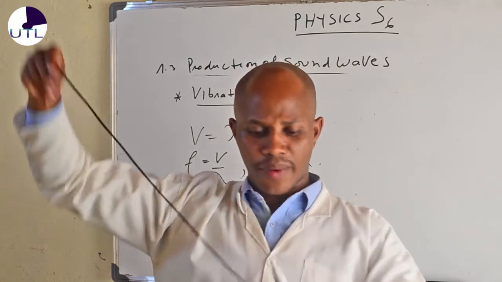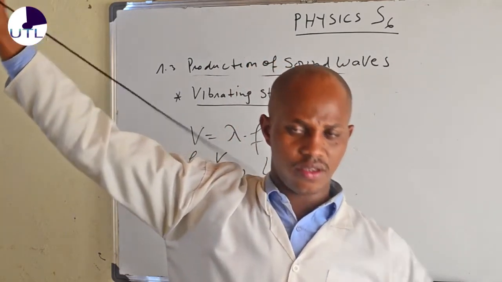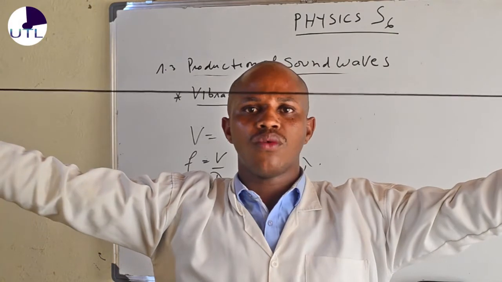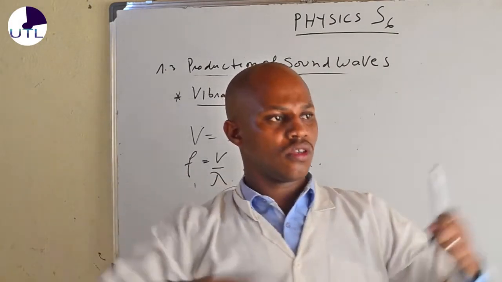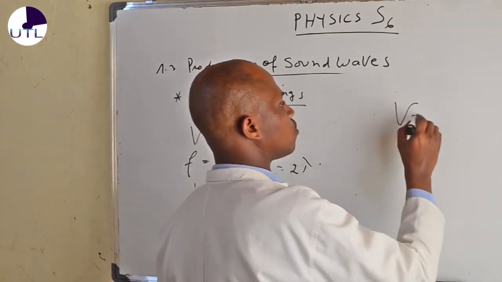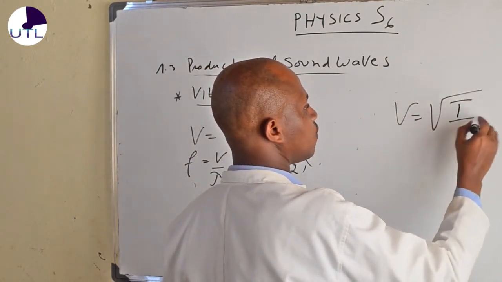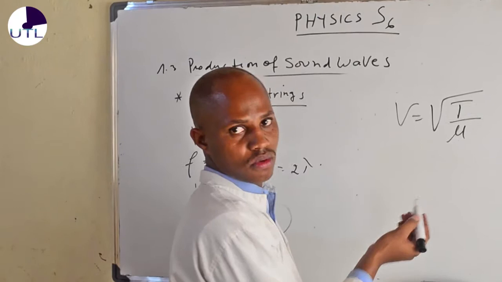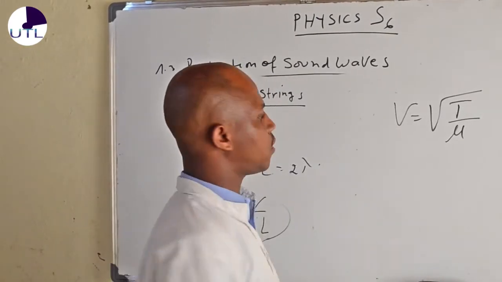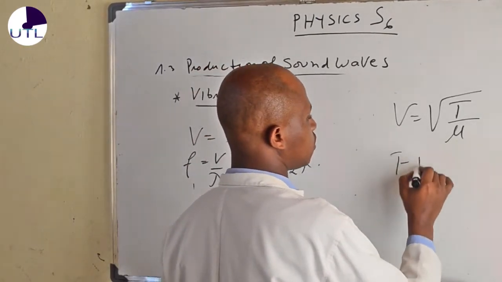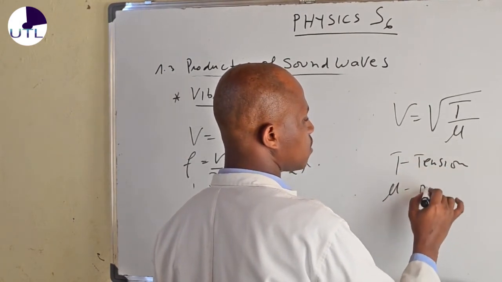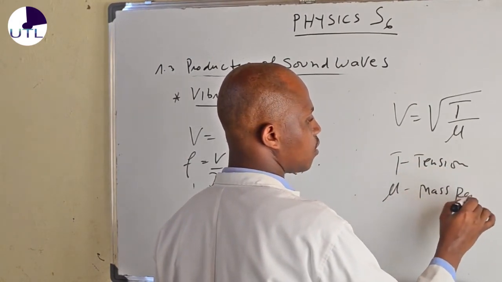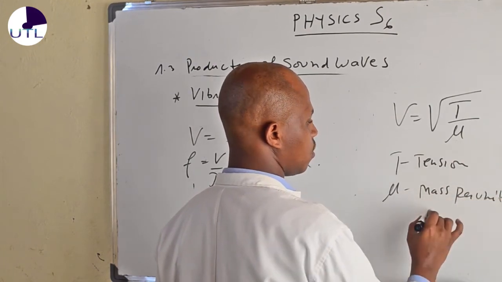If I apply the force here, the string is attached, so the force in this string will be the tension. The speed is equal to the square root of tension divided by mu. What is mu? That's mass per unit length. So T is the tension of the string, and mu is mass per unit length.